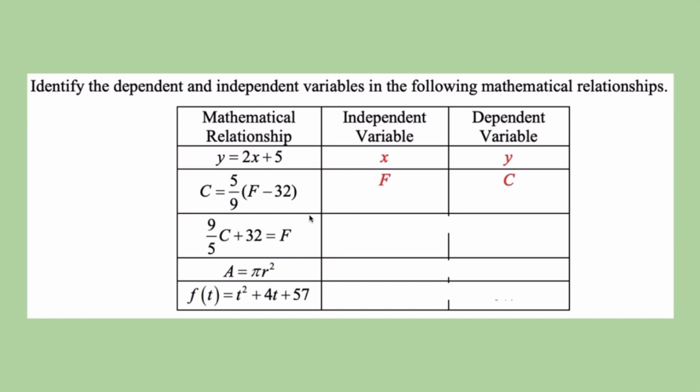Next, we have our independent variable is c, and our dependent variable is f. So c is on the heavier side, carries this entire equation, while f's value depends on this whole equation.